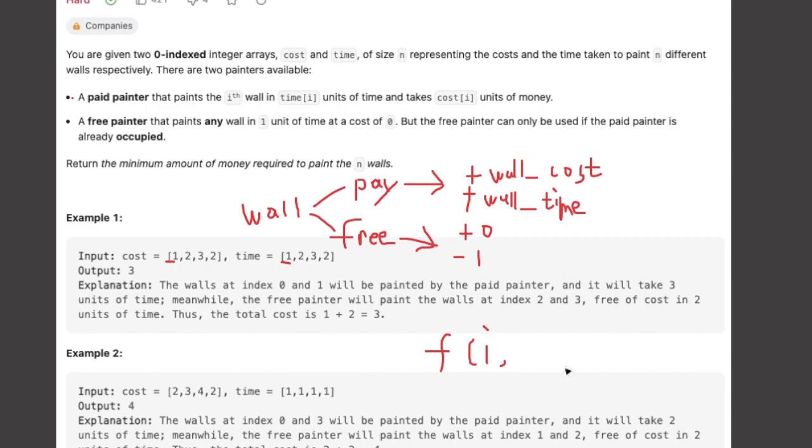It means how much occupied time the paid painter already has, because we can use that occupied time to ask the free painter to do stuff for us for free. So basically, we'll have two parameters here: i is the current index, and time is the free credit time that we can use to ask the free painter to do stuff.